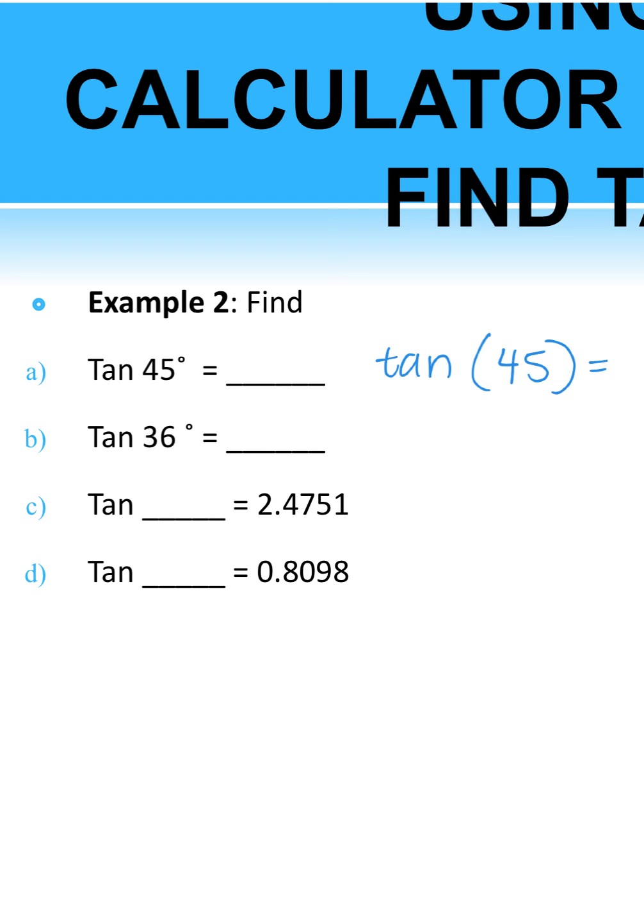That's not correct. You wanna be in degrees and you wanna click tangent of 45 and you should get 1. Okay, so back in our notes, we're just going to put a 1.